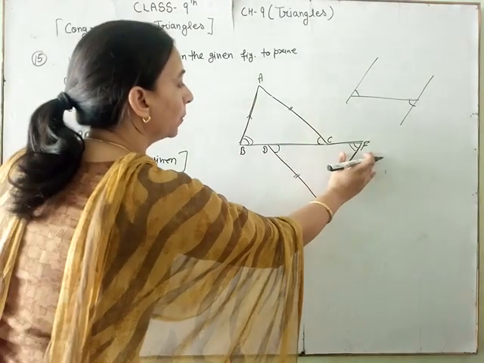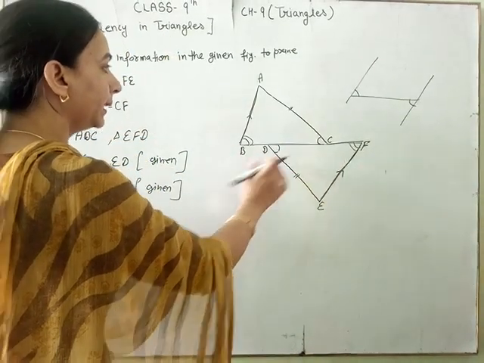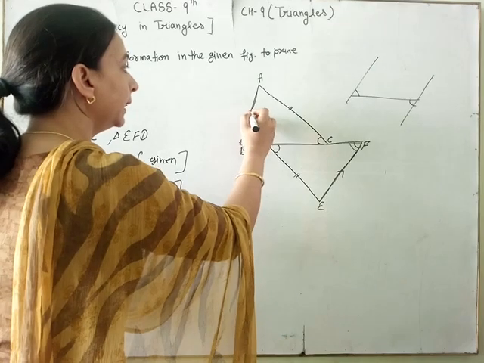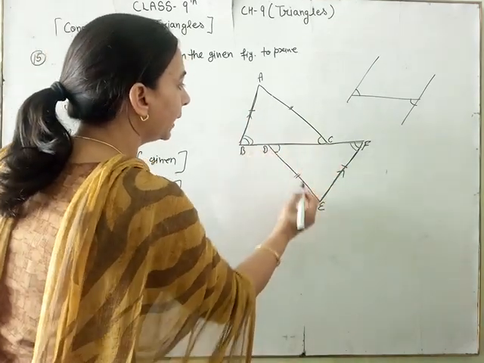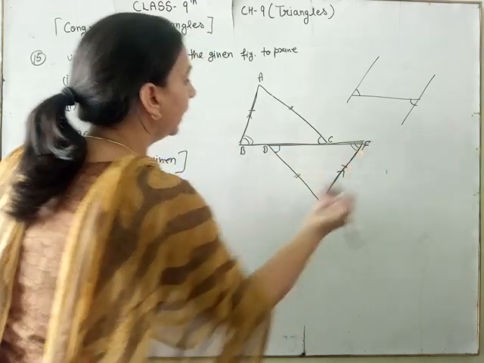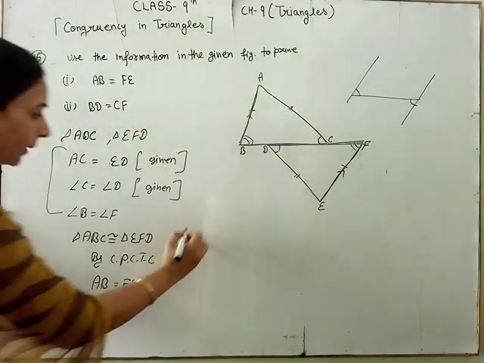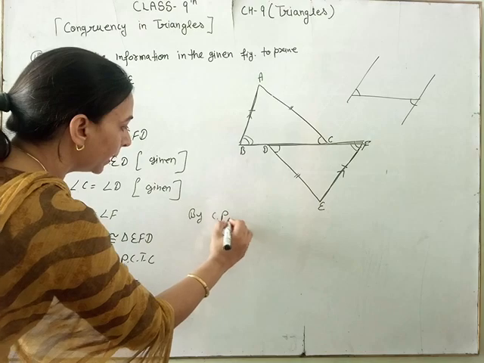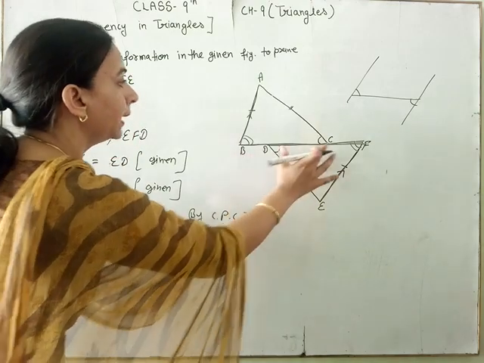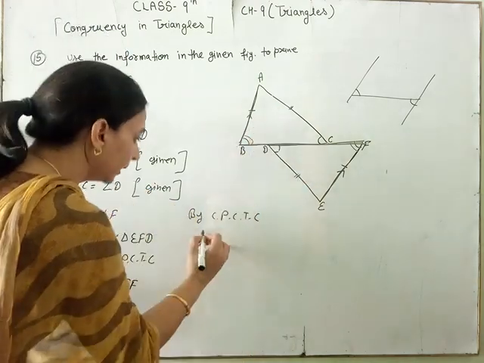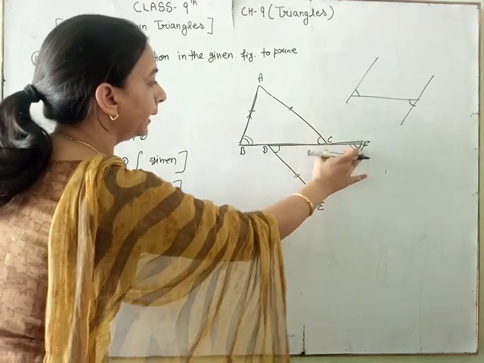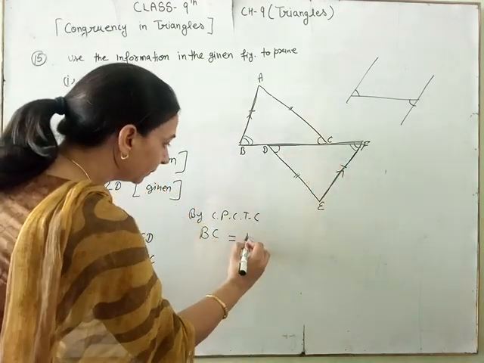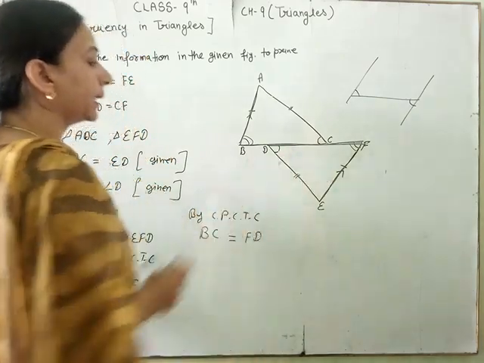The second is BD equals CF. Student, by CPCTC, this is already given, this equals this, and this is complete. BC equals DF, the same by CPCTC. BC, a side of this triangle, equals FD, a side of this triangle.